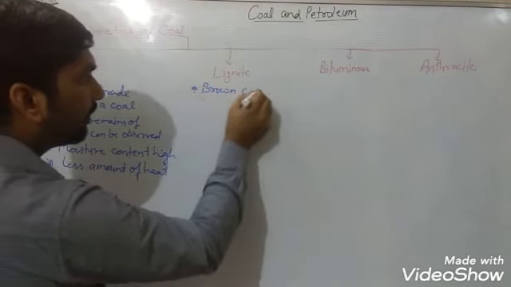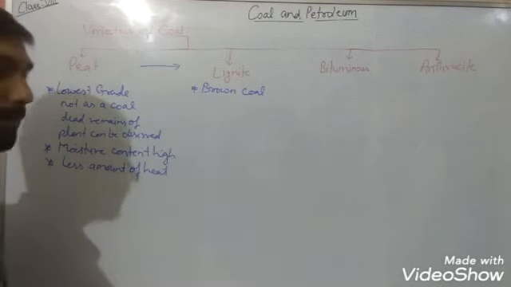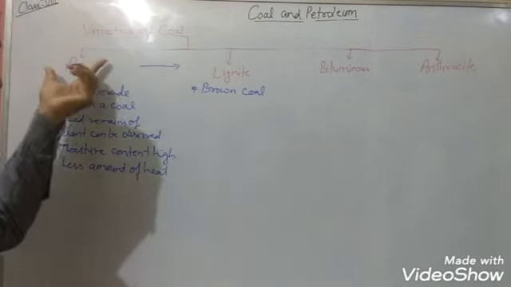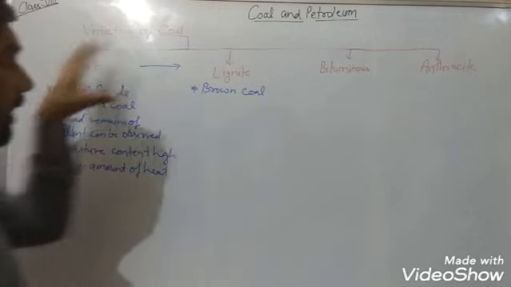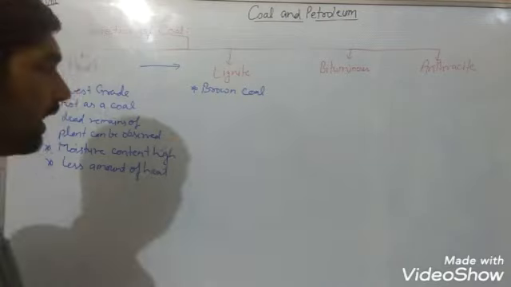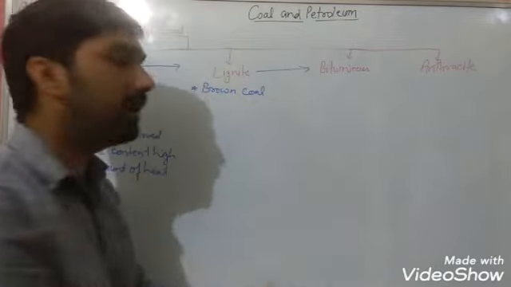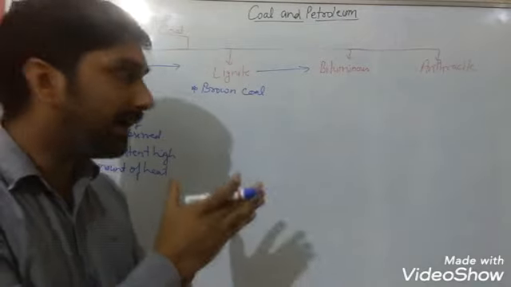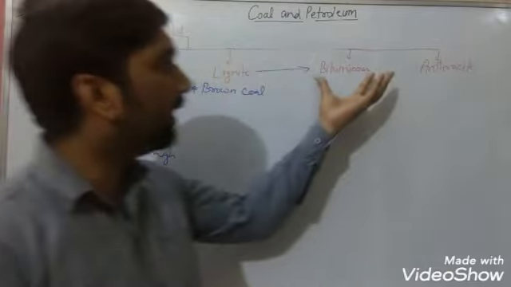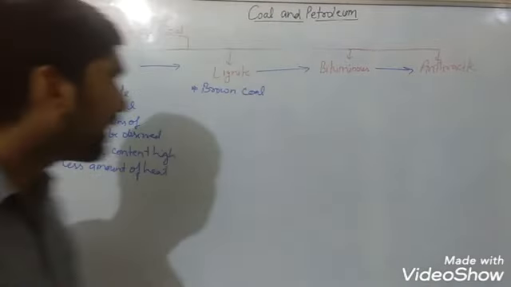When we compare about the lignite, it is known as brown coal. So lignite is formed from the peat. If the situation will be same for the longer duration, then peat will be converted into lignite, and if they are buried there for more longer period, due to the action of heat and pressure, lignite will be converted into bituminous and finally anthracite.